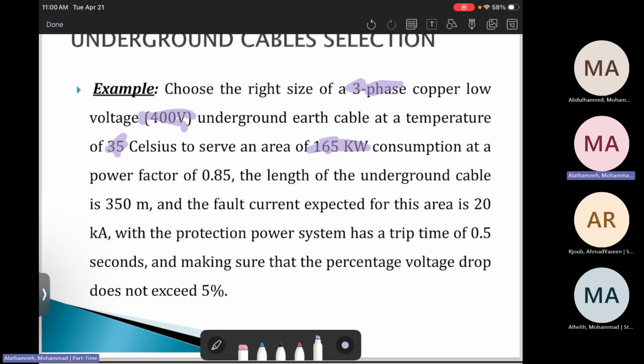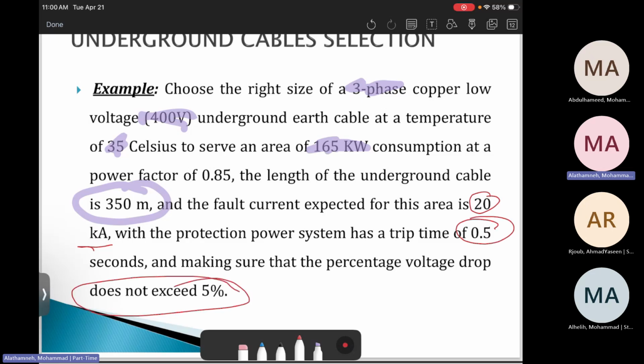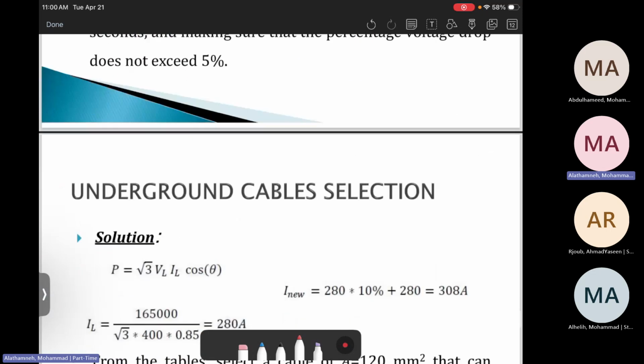The consumption is at the power factor of 0.85, the length of the underground cables is 350 meters, that's what's given, and the expected fault current will be 20 kiloampere with the protection system trip time of 0.5 seconds, making sure that the percentage voltage drop should not exceed 5%. So, that's what we need to worry about.